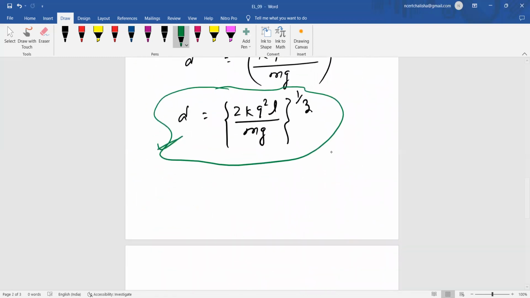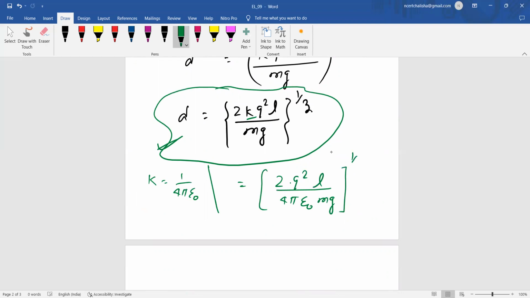But we know that in SI units, what is the value of K? K is 1 by 4 pi epsilon naught. So once we replace this K value here, d will be 2 times 1 by 4 pi epsilon naught, and mg in the denominator, then we have q square, then we have L, to the power of 1 by 3.